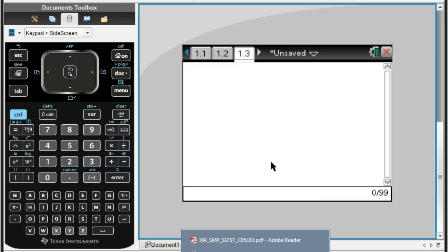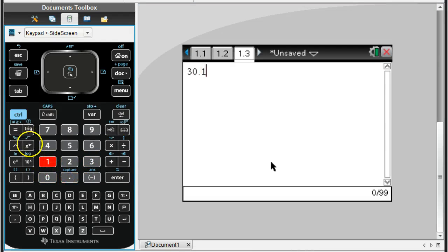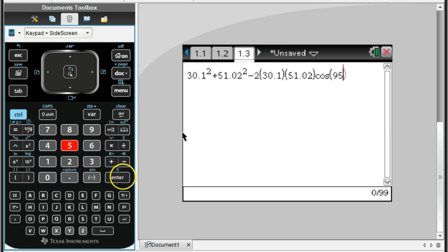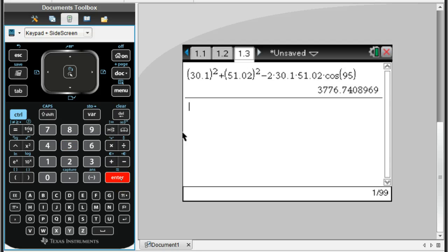So what we're going to put in is 30.1 squared plus 51.02 squared minus 2 times, you can type this in using parentheses or the times symbol, 30.1 times the 51.02 times the cosine of 95 degrees. So when we hit enter, we get 3,776.74. So we'll write that down in our notes.